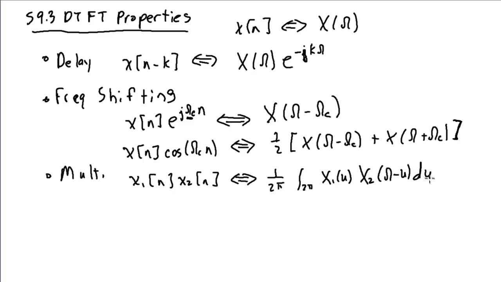And here's our old friend the convolution integral, except it's a little different because we're not integrating from minus infinity to infinity, but both these functions are periodic, so we end up integrating over just a period.